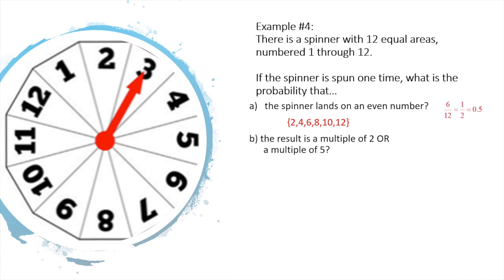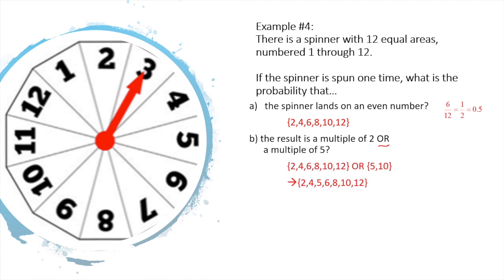And then B, the result is a multiple of 2 or it's a multiple of 5. So again, remember that on these problems, when you have the or, you want to be thinking it's a multiple of 2 and or it's a multiple of 5.